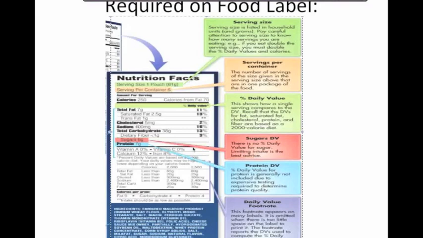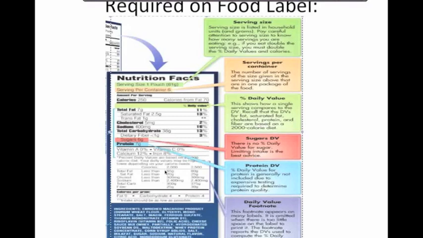The companies are also required to show 4 micronutrients, and those required are vitamin A, vitamin C, calcium, and iron. Also, if a food is fortified with vitamins or minerals, they're required to show the amounts of those as well. And then companies will also show daily values based on a 2,000 calorie diet.